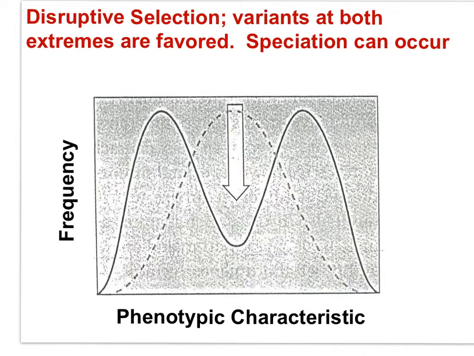And lastly, among the lines of selection pressures, there is a phenomenon known as disruptive selection, where both extremes are favored while the intermediate form is selected against. There are a handful of examples of disruptive selection, but you might imagine over time that the two populations with the extreme phenotypes could become different enough such that they would be considered new species.